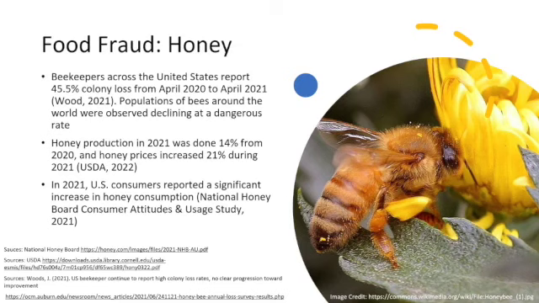In 2021, US consumers reported a significant increase in honey consumption. This shows that honey demand exceeds supply around the US. This made honey one of the foods most vulnerable to food fraud.